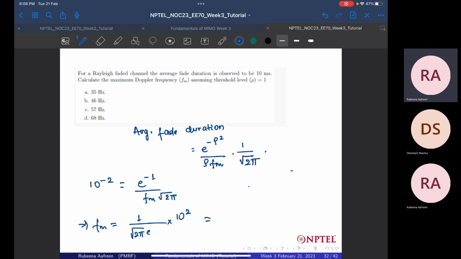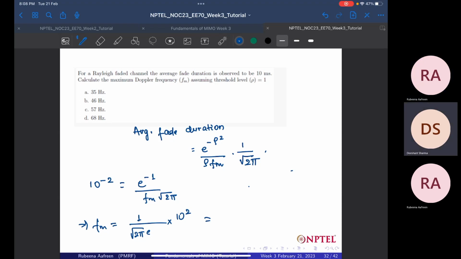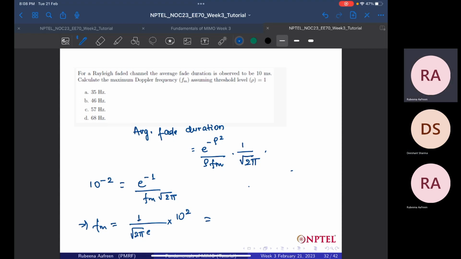Now how much would it be? 68 hertz. Yeah, correct. Okay, so it is coming as 68 hertz. So the answer is B.